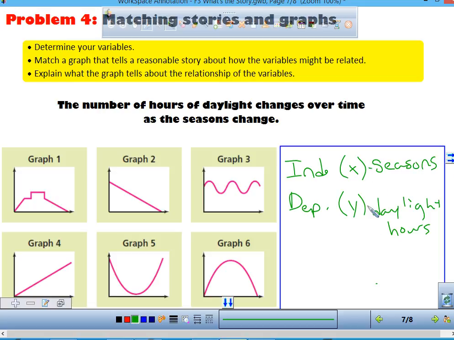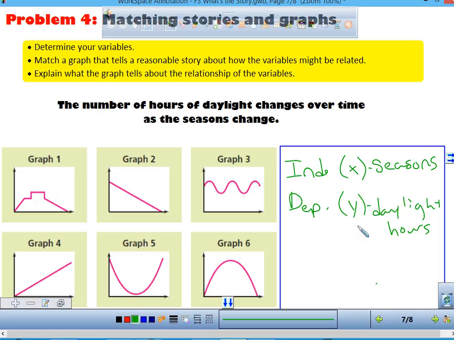Now, first we have to think. Is there ever a time throughout the year where we have 0 hours of daylight? In Alaska. We are not in Alaska. Where we live right now, do we ever have a day where there are 0 hours of daylight?